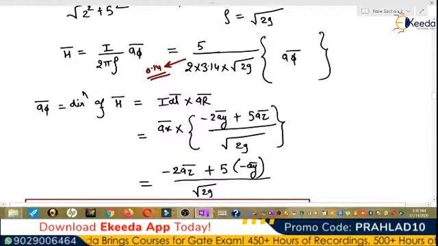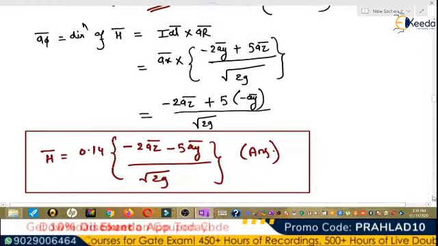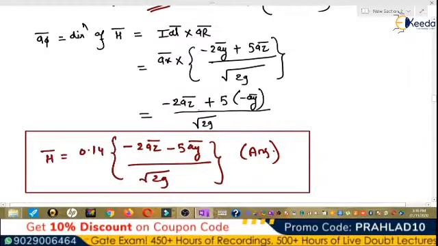So this we can solve, and we can get the value of A phi. This is the value of A phi vector, which is the direction of magnetic field vector. So H vector will be 0.14 times minus 2 AZ minus 5 AY by root of 29.